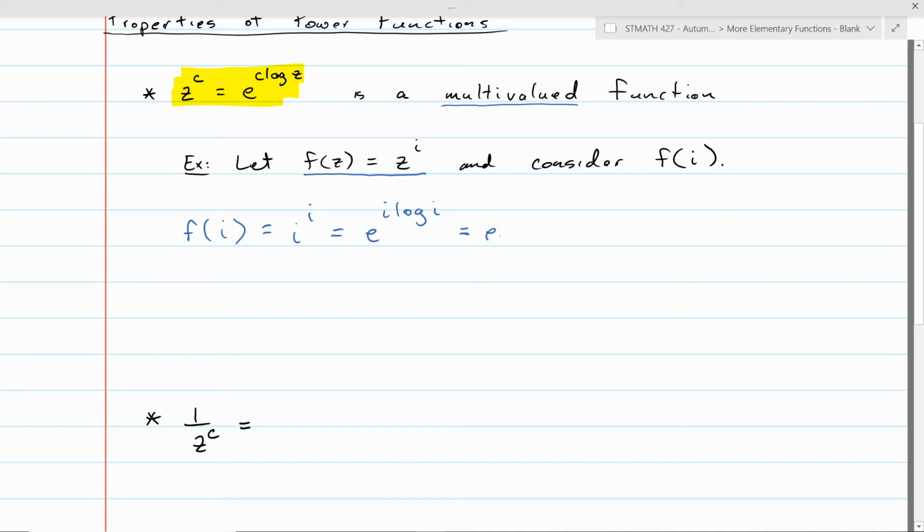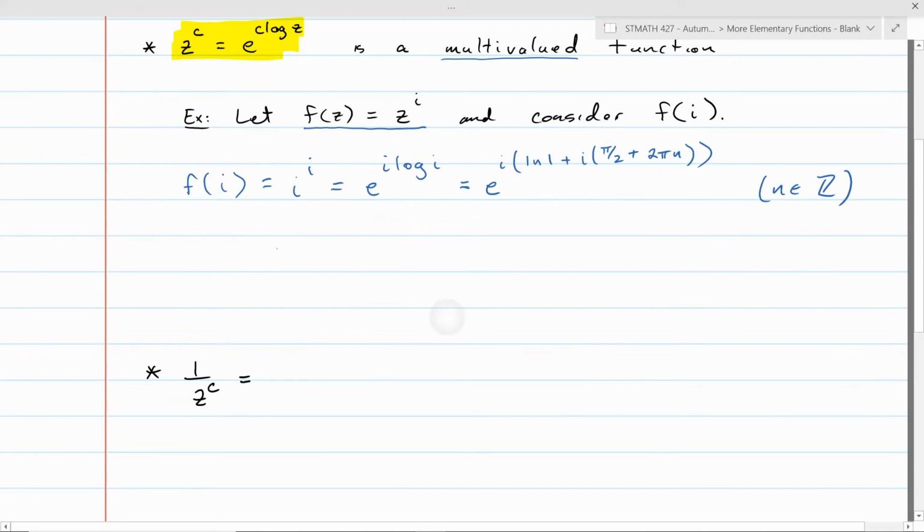So that's e to the i, and then log i. Just real quick, remember i, you can write it in an exponential form. Its radius is 1, and its angle is pi over 2. So its principal argument is pi over 2. So I can write log i as the natural log of the radius, which is 1, plus i times the argument, which is pi over 2 plus 2 pi n, where n is any integer.